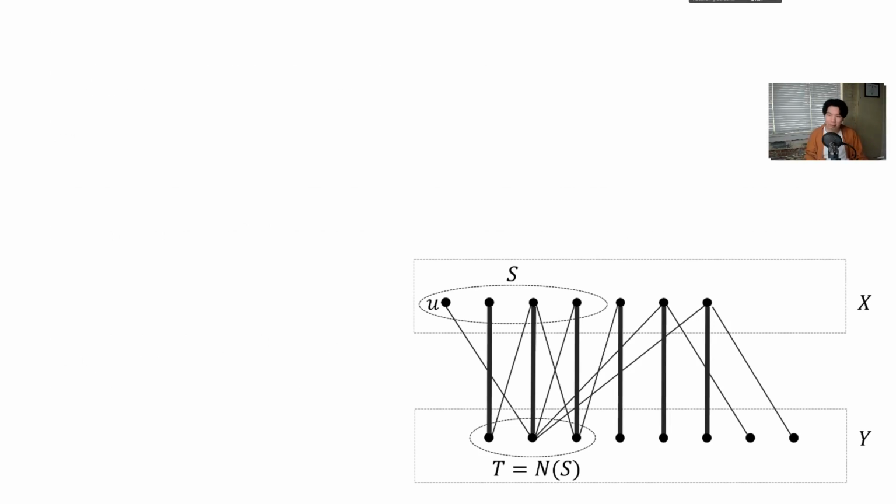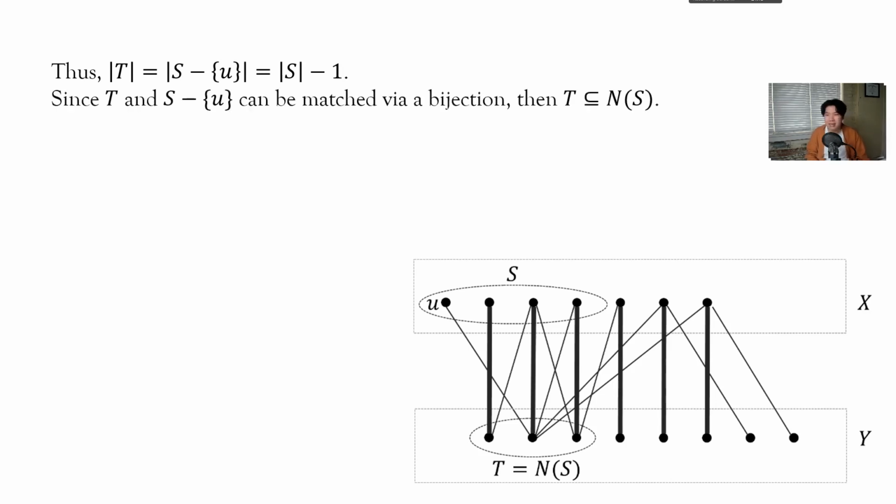If that claim is true, then the size of T should be the size of S minus U, which is equal to the size of S minus 1. Furthermore, since T and S minus U can be matched via a bijection, we know that T is a subset of the neighborhood of S. In other words, S may have more neighbors, but we know that T must be a subset.